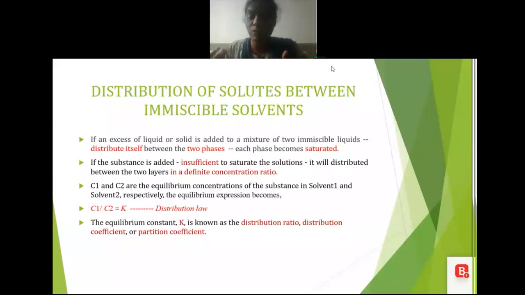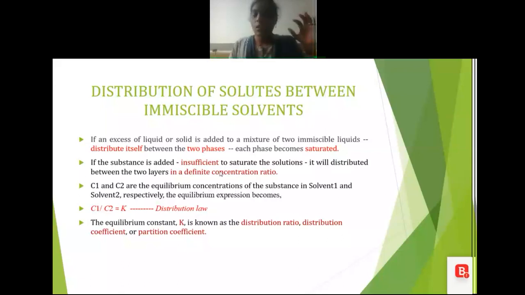How much partitioning or distribution is taking place is indicated by partitioning. Partitioning means how the substance is sharing or distributing itself between the two liquid phases.